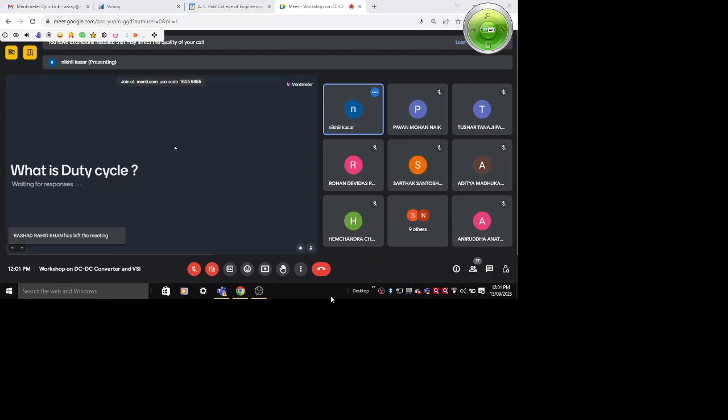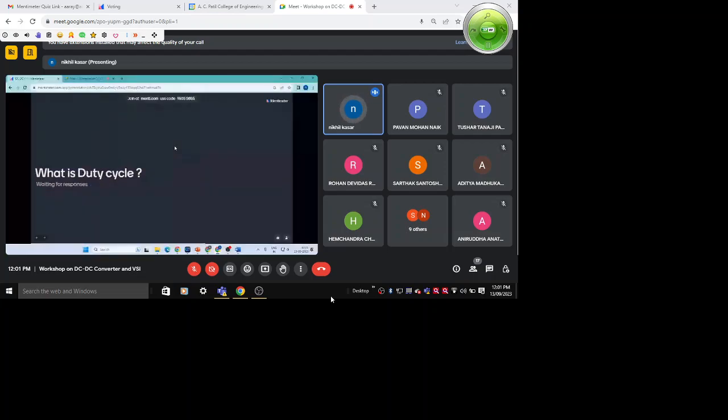Duty cycle is nothing but the fraction of the switching time of the power electronic switch.